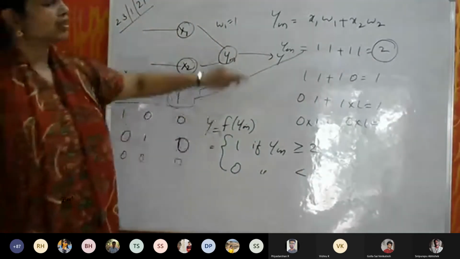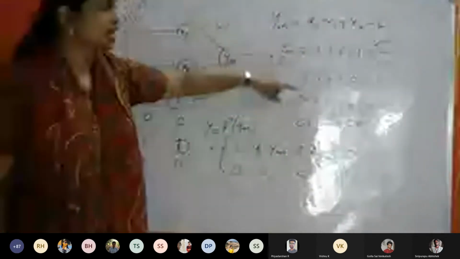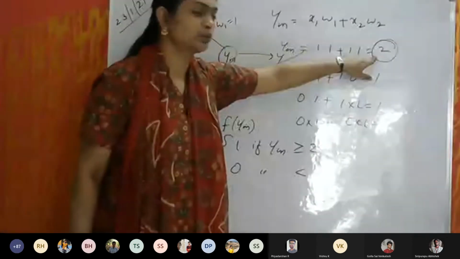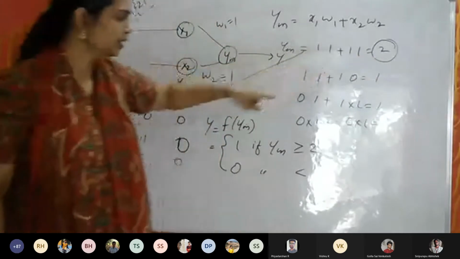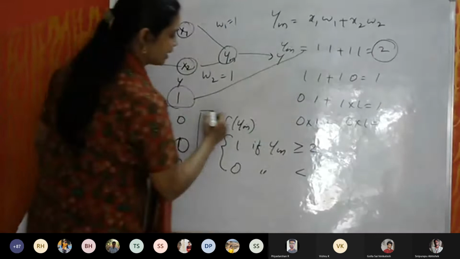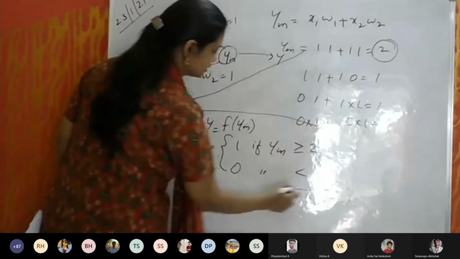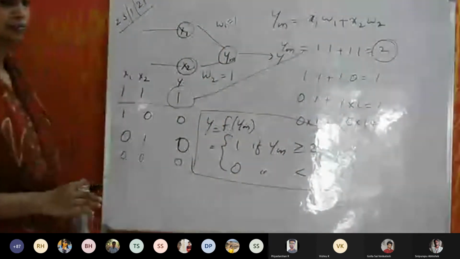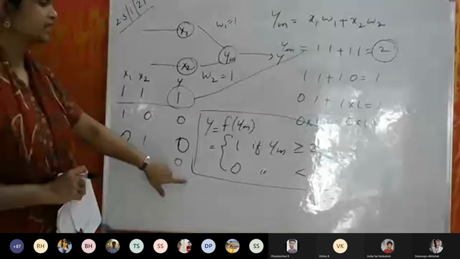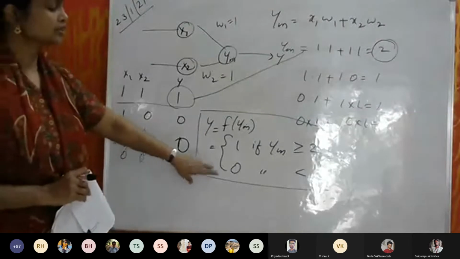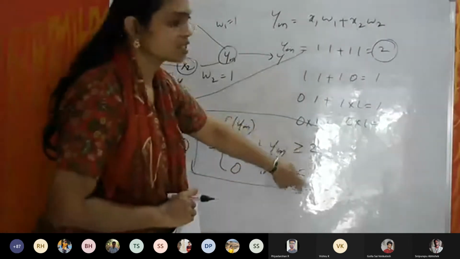So to find the threshold, we need to do this, and then you get the threshold 2. Based on the threshold, we define our activation function. This is now our activation function. So based on the threshold, your theta is 2.